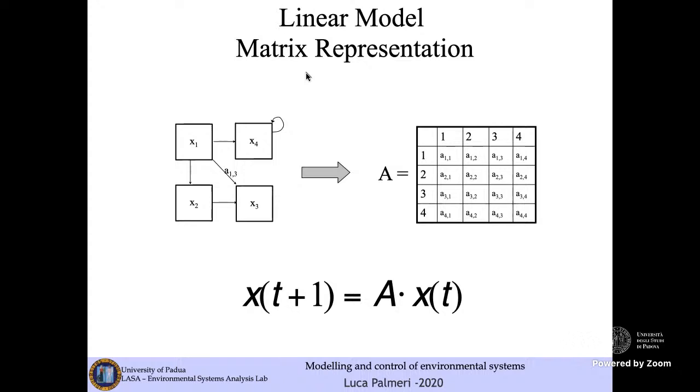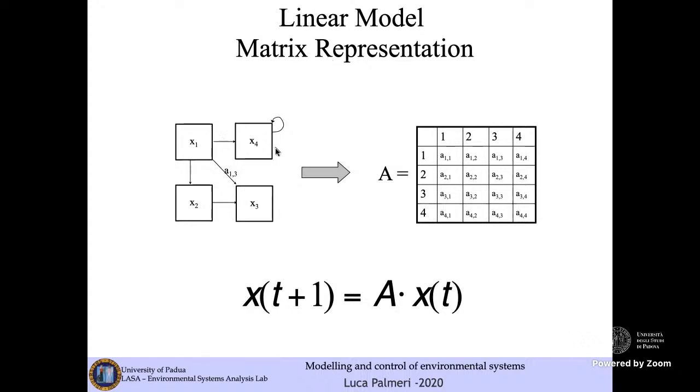A linear model is typically described by matrices. So you have a matrix representation. For example, we may identify 4 elements of our system.